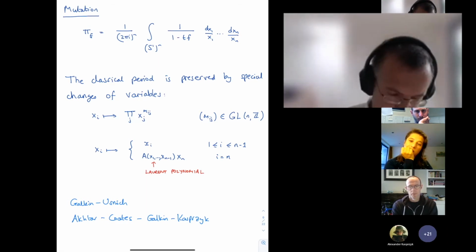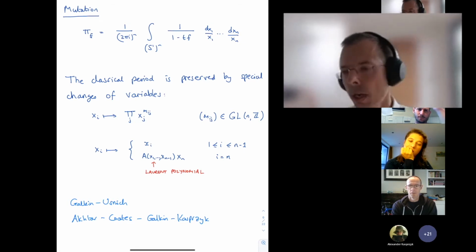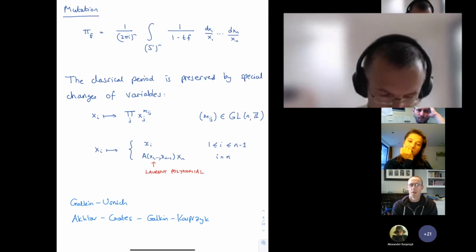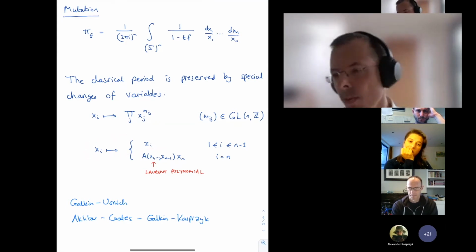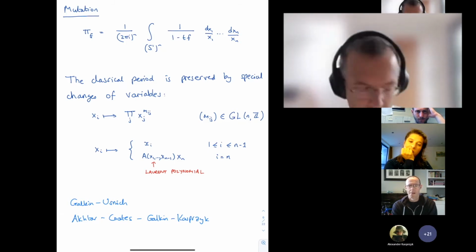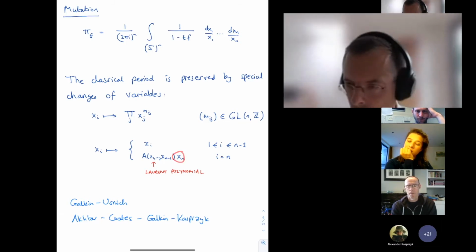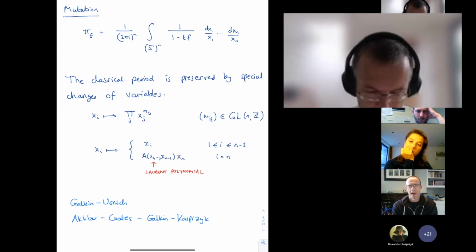But more seriously, here's a different change of variables which also preserves the classical period. So I take x1 to x1, x2 to x2, and so on, x_{n-1} to x_{n-1}, and then I'm just going to mess with xn. So I'm going to replace xn by some Laurent polynomial in the other variables times xn.